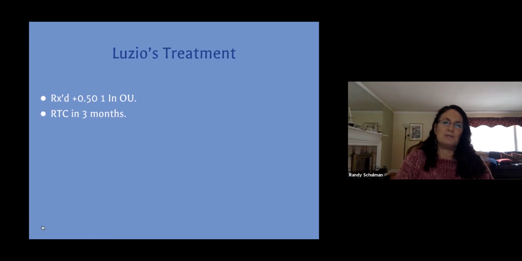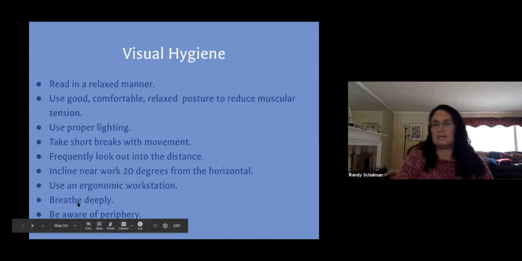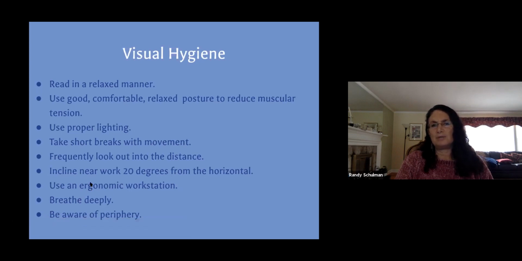Over time, for some reason, he ended up developing some astigmatism, which I did correct for. Visual hygiene, as I mentioned, is really important. Here's just a few things: making sure that you teach them to read in a relaxed manner with good posture and proper lighting. Take lots of breaks with movement, so don't just glance up for a second and then go back down.